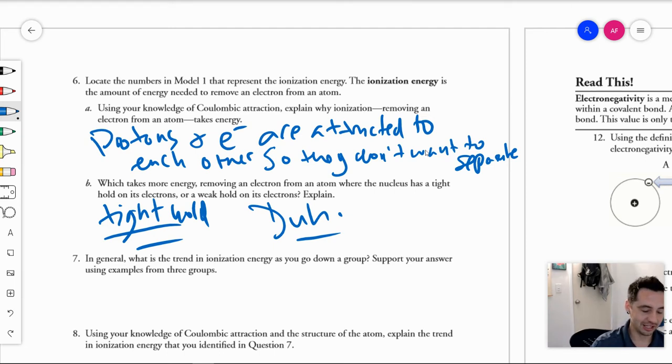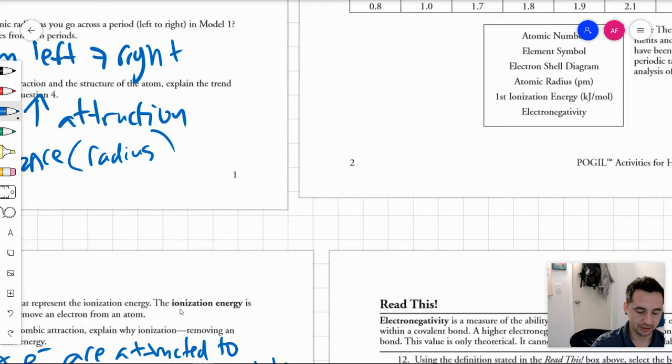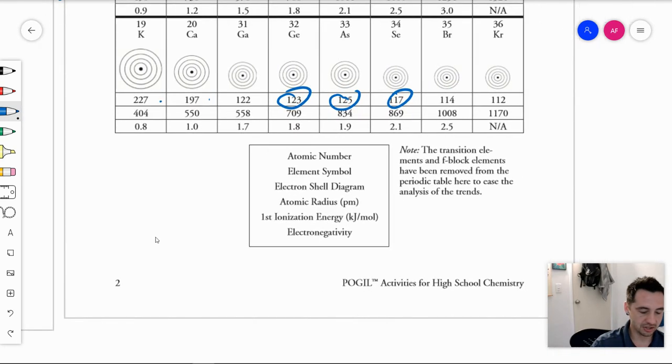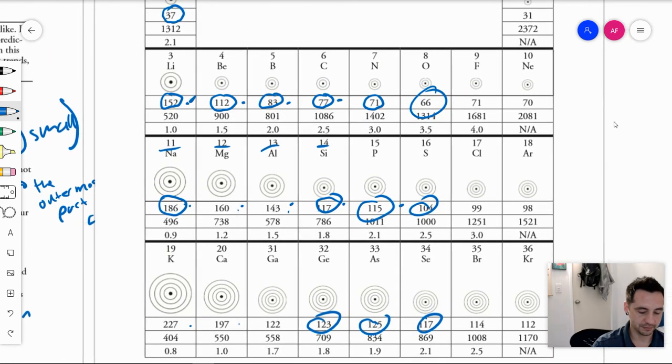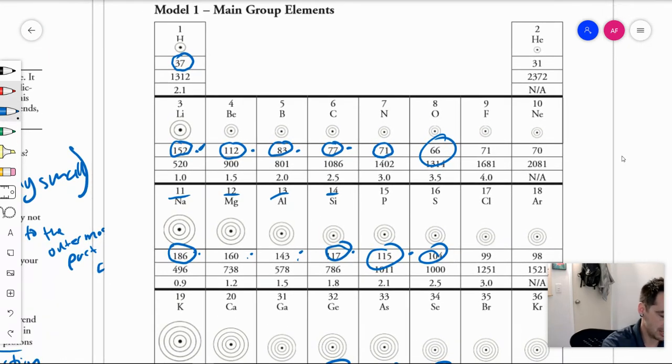Now let's look. In general, what's the trend as you go down a group? Ionization energy is the one right below the atomic radius. So I'm going to circle in red. As we go down a group, what happens to ionization energy? It starts out really high, and then it gets really, really low.